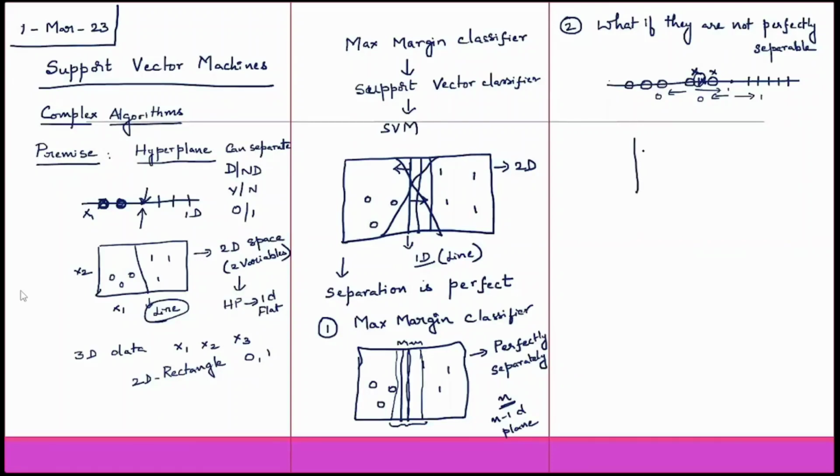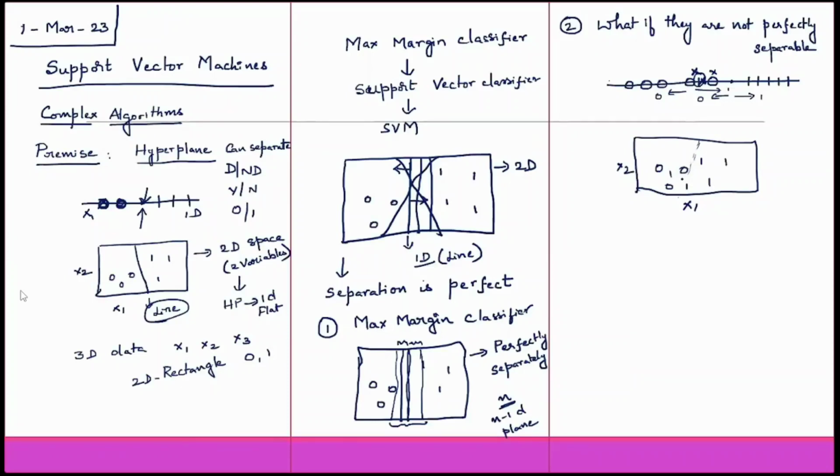Similarly, if I'm talking about two-dimensional data, let's say x1 and x2 are plotted like this. Two variables I have plotted like this. Just by using a line, I really don't think I can segregate the data well unless I think of something like this. So in that case, I'll put a 1 here as well.